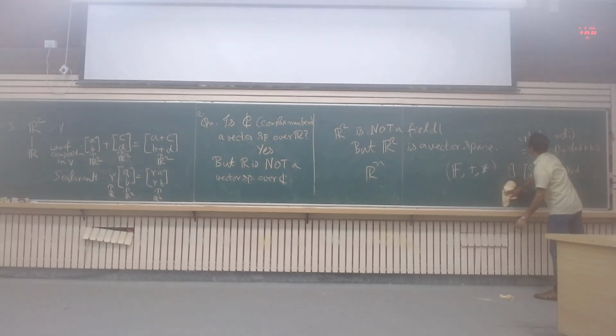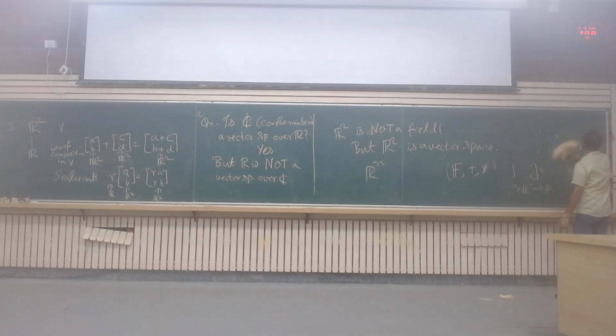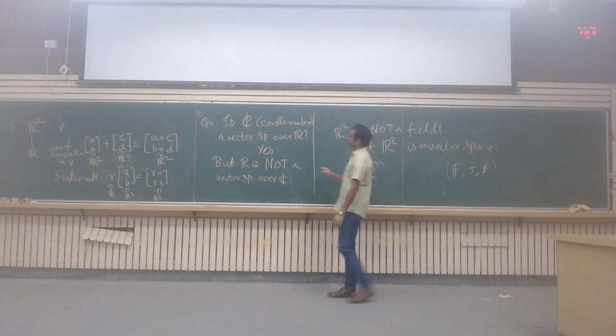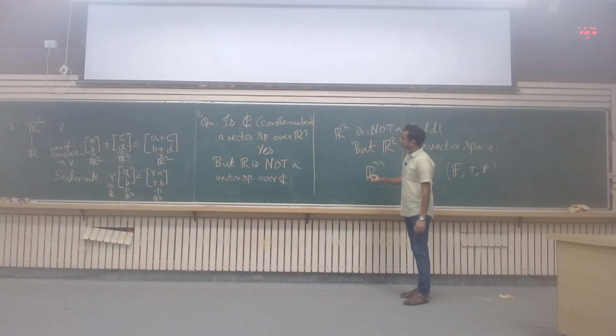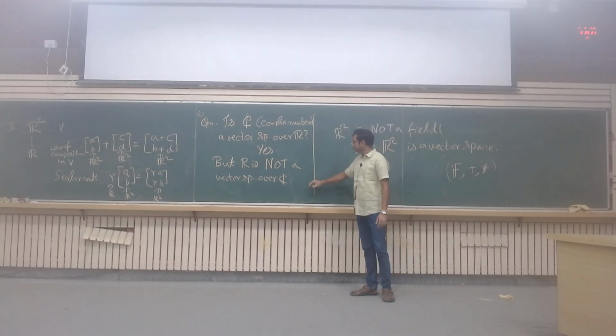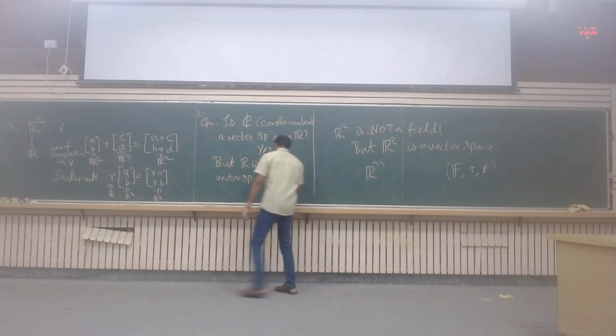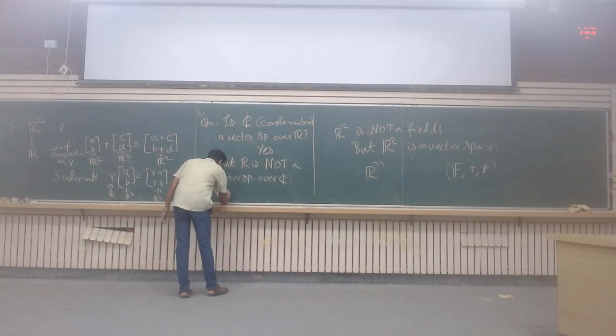So let's come back to some examples. At first let's consider just the real vector spaces, because that's the easiest kind of vector spaces. What was the last example? C. So here we are considering things like, what was C?